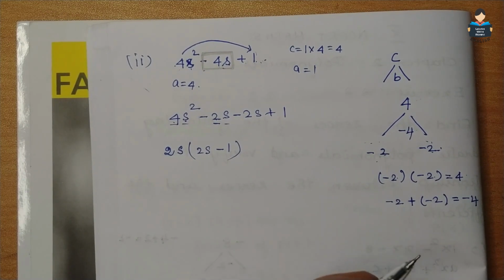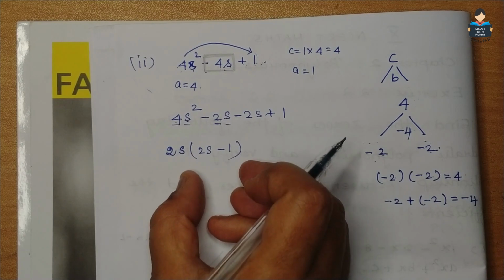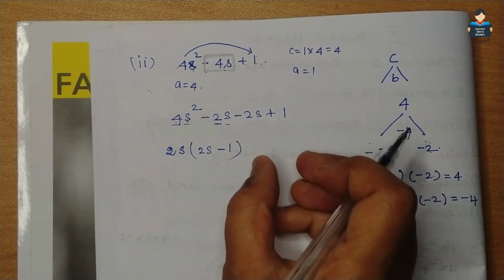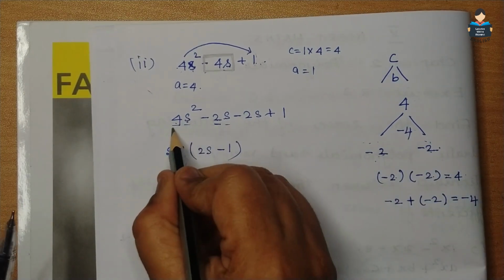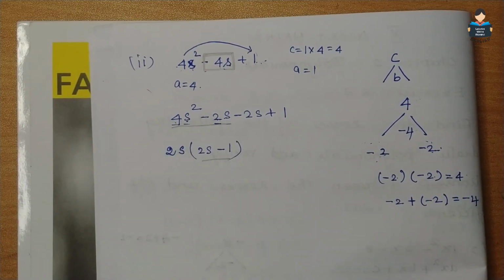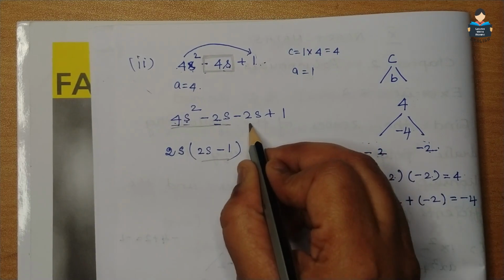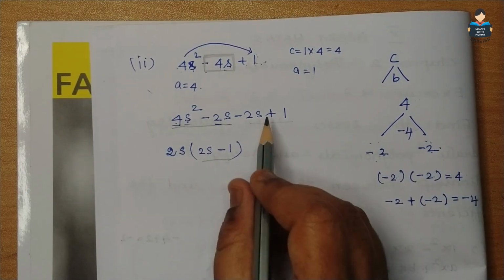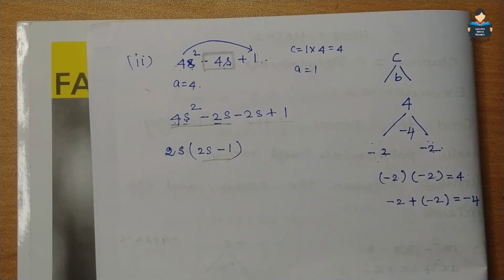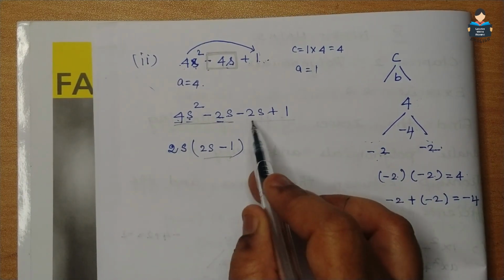Whenever we do the splitting the middle term, our value in the bracket should be same for both the terms. When I solve this I am getting 2s minus 1. The same way when I solve this I should get in the bracket 2s minus 1. But I have minus 2s plus 1. So the sign alone is differing.